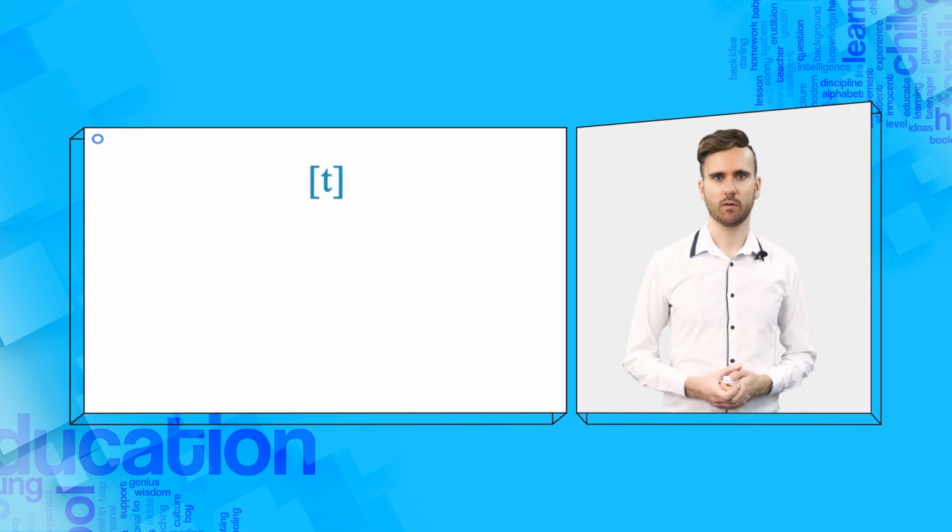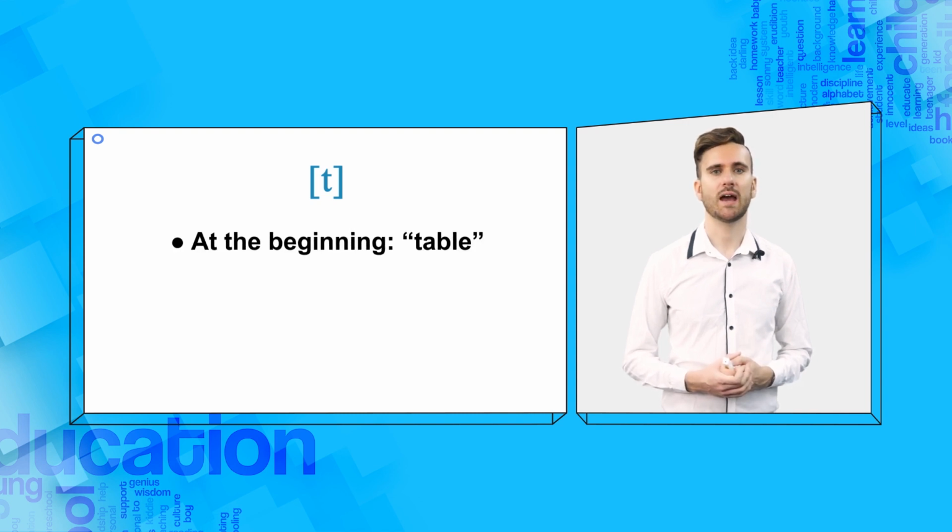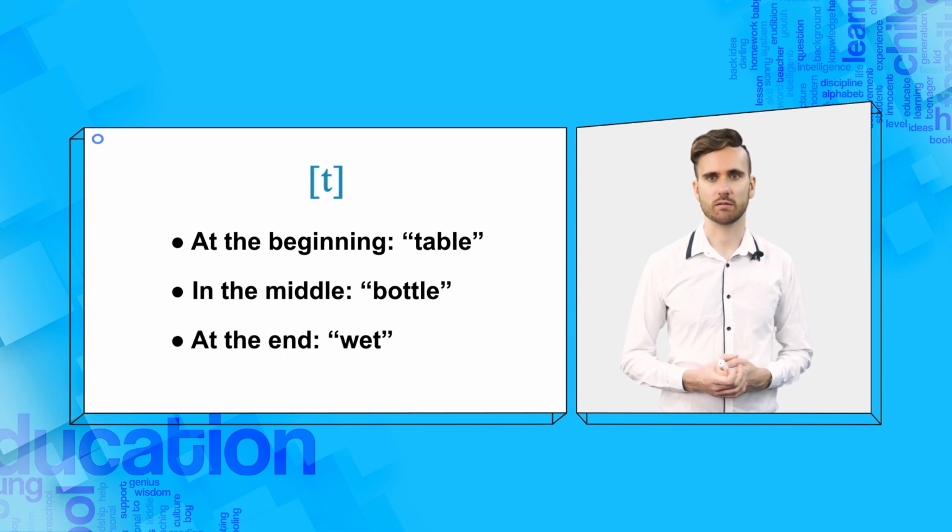Let's look at an example for a baby getting mostly British English input. He or she will soon learn that the sound t is mostly said as t, due to hearing it in different positions in a word. T could be at the beginning, for example, table, in the middle, for example, bottle, or at the end, for example, wet, of a word.